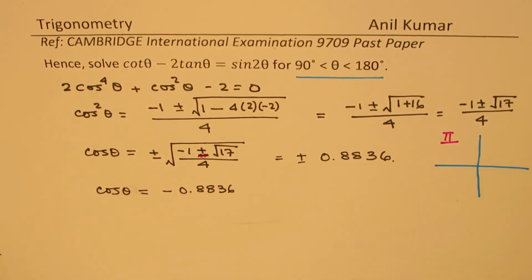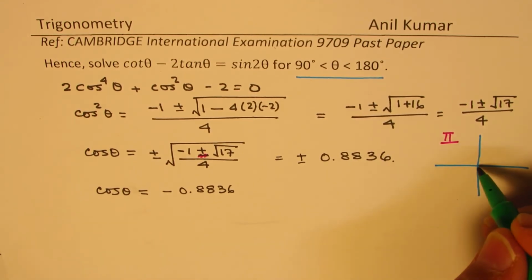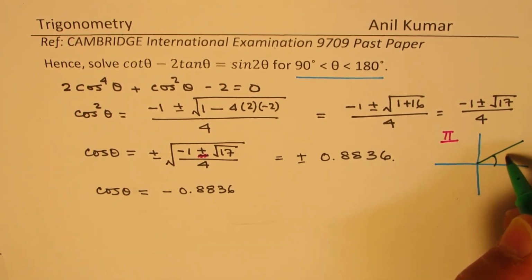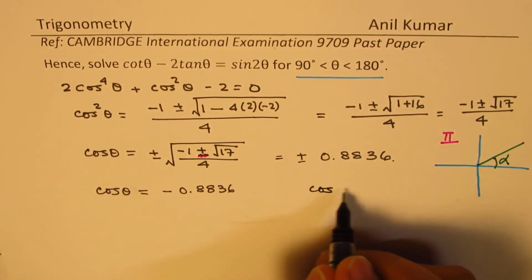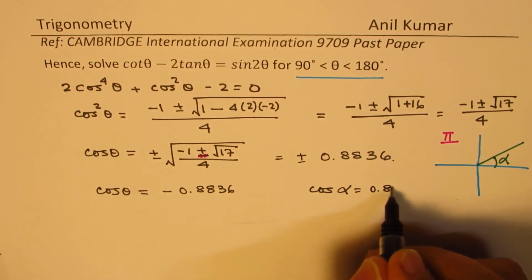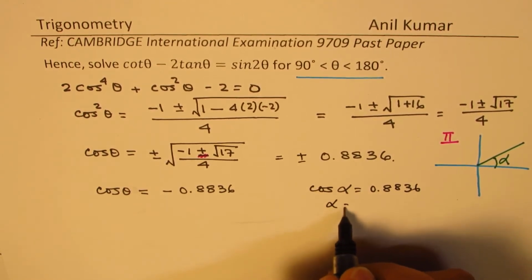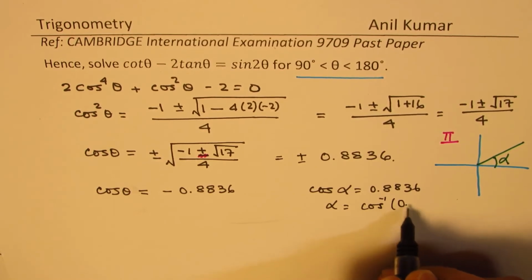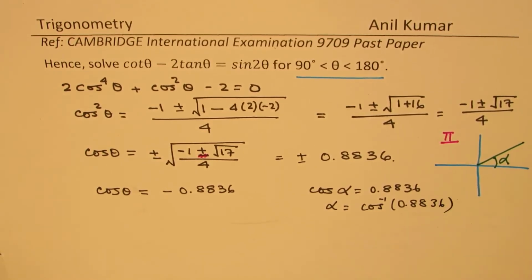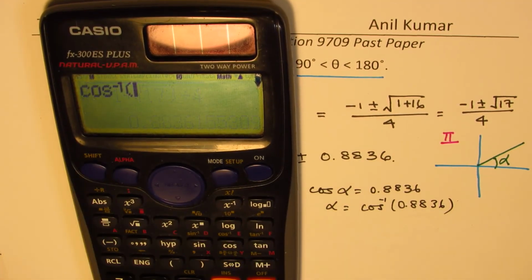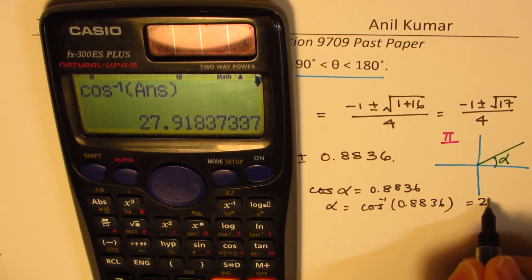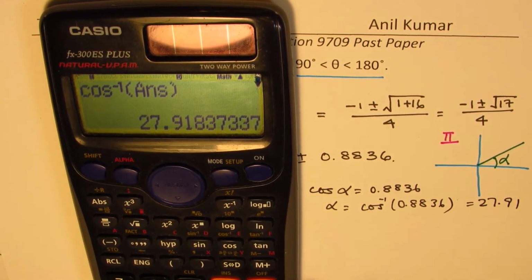So we can find the acute angle alpha first, right? Let's find the acute angle alpha. So we get cos alpha equals to 0.8836. So alpha is cos inverse of 0.8836. So we have shift cos inverse of our answer. That gives us 27.91.